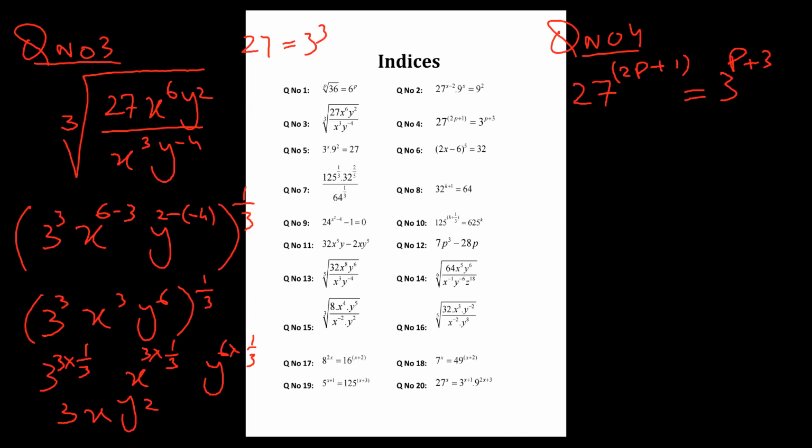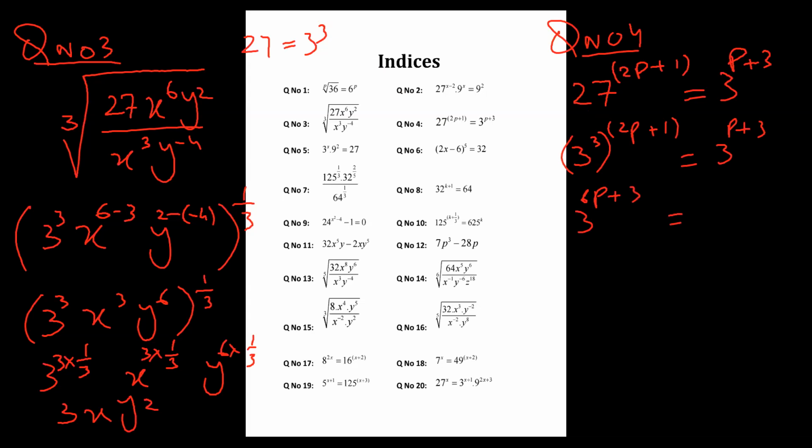Number 4 question, and 27 is again we know 3 to power 3. And on the top we have 2p plus 1. Again same plan, power to power multiply. So 3 2s are 6p. So this, and 3 1s are 3.